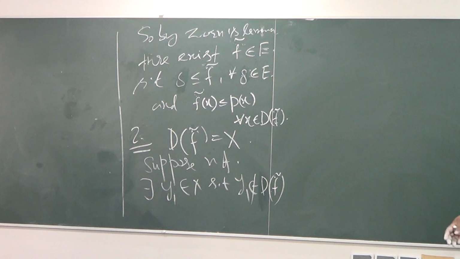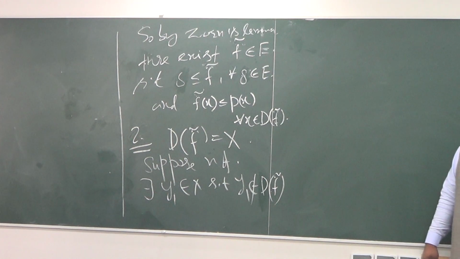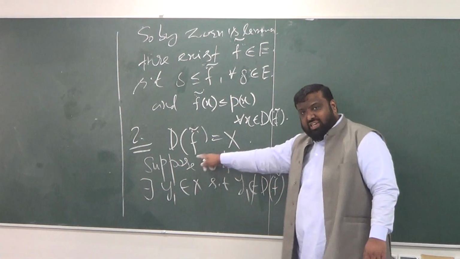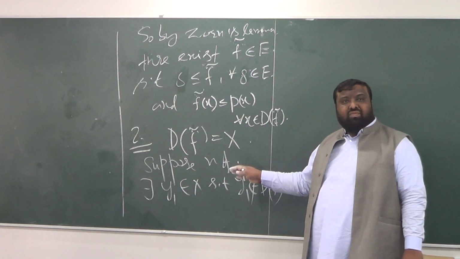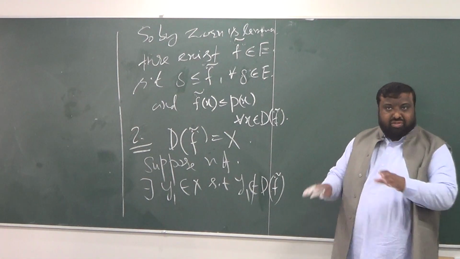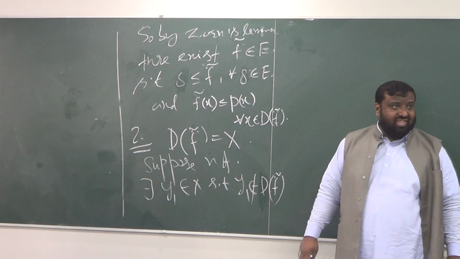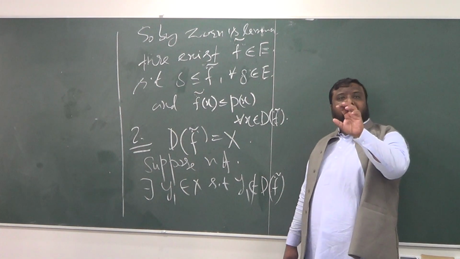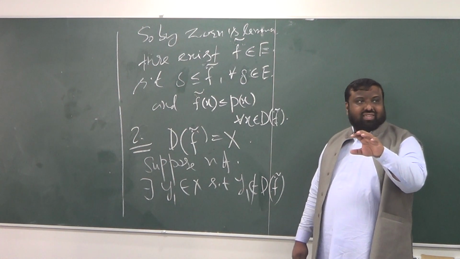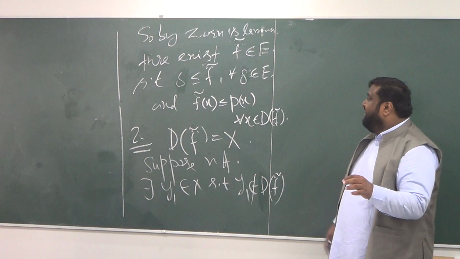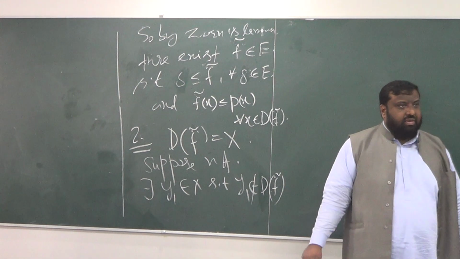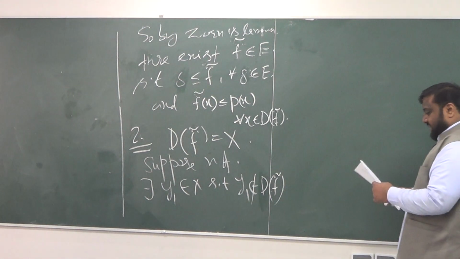If I take the subspace generated by y1 and the domain of f tilde, which is a subspace indeed, then that is a bigger space than the domain of f tilde, maybe between the domain of f tilde and X. On that space, I'm going to define an extension that is bigger than f tilde, and it's going to contradict the maximality. A pretty natural idea.